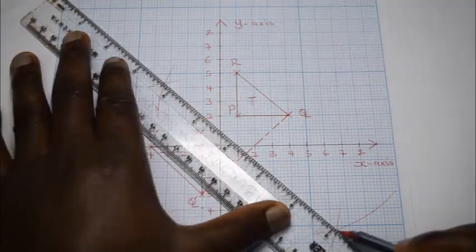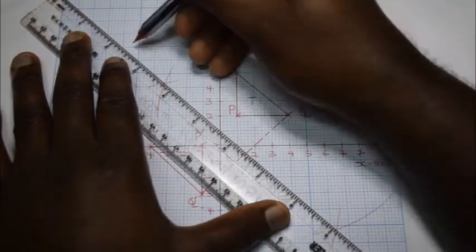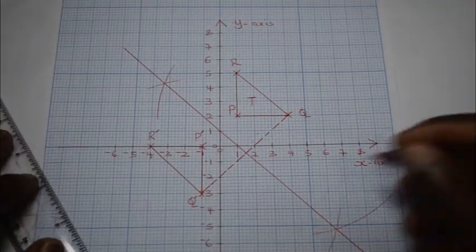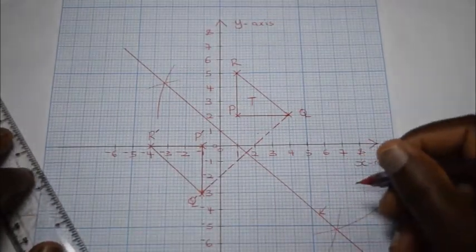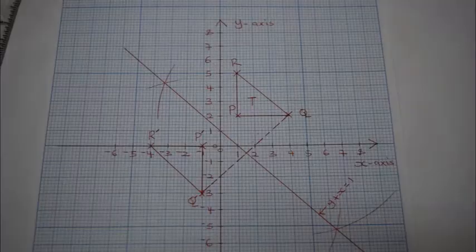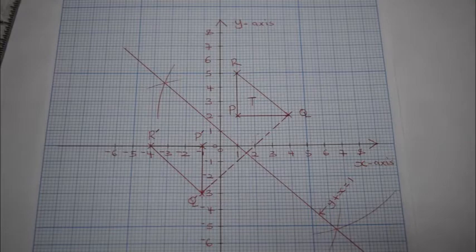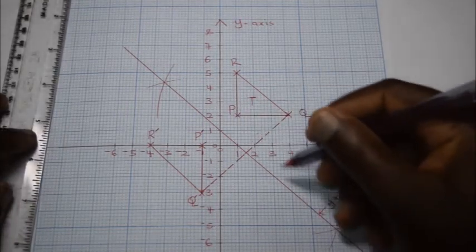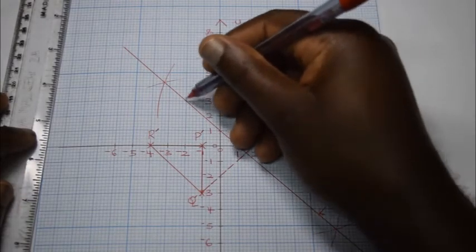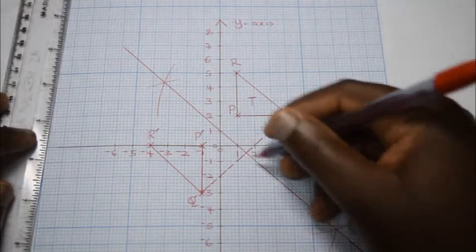Using a ruler, join the points of intersection of the arcs to form a straight line. This straight line is the mirror line, also known as the reflection line.